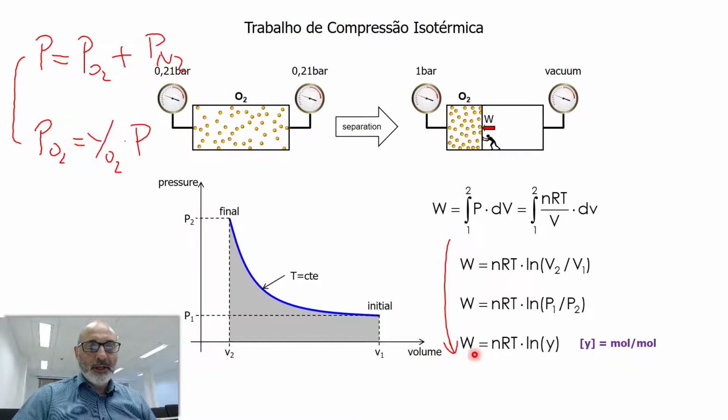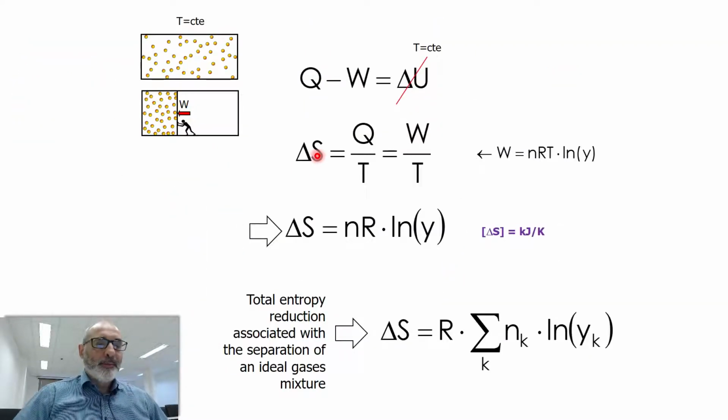Now we know how to calculate the isothermal compression work, and I was showing that what we have here is an isothermal compression process. So we're going to apply this to our problem.